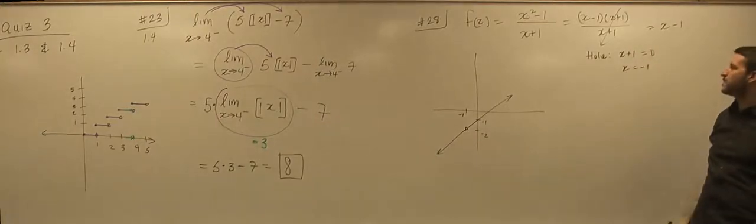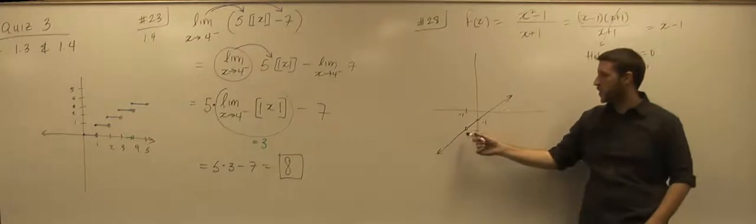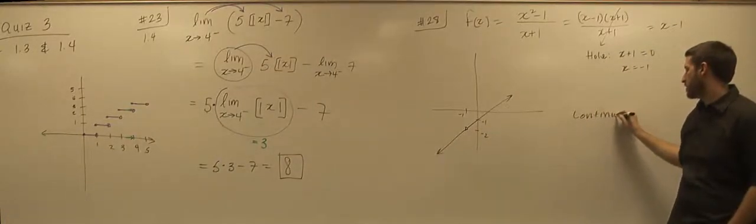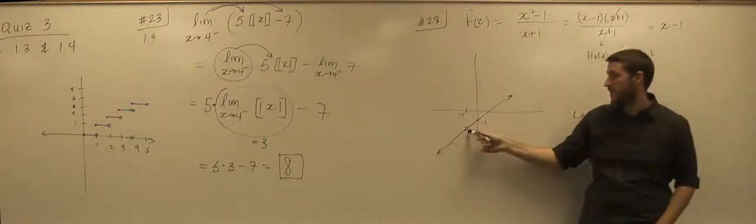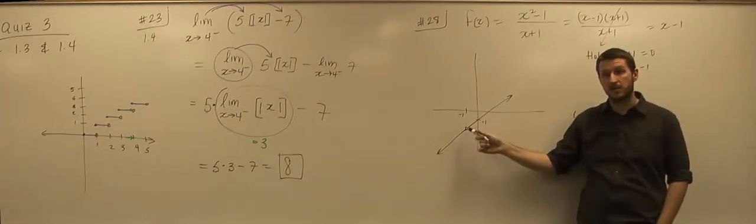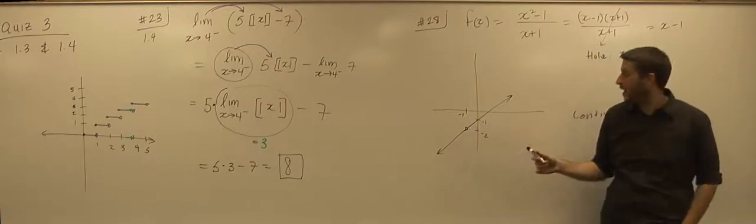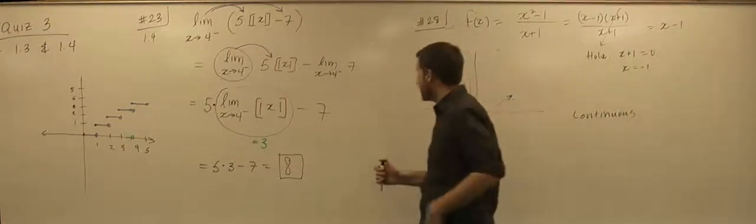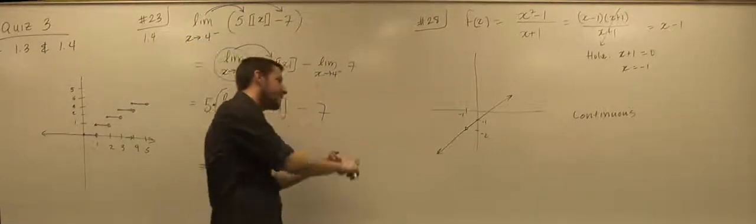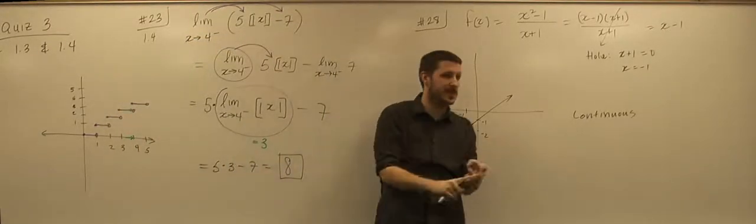So the continuity of this function: first of all, you guys understand it's not continuous at -1, right? Why not? Because there's a hole. You have to have three things for a function to be continuous. F of c has to exist, the limit as you go to c has to exist, and they have to be equal.